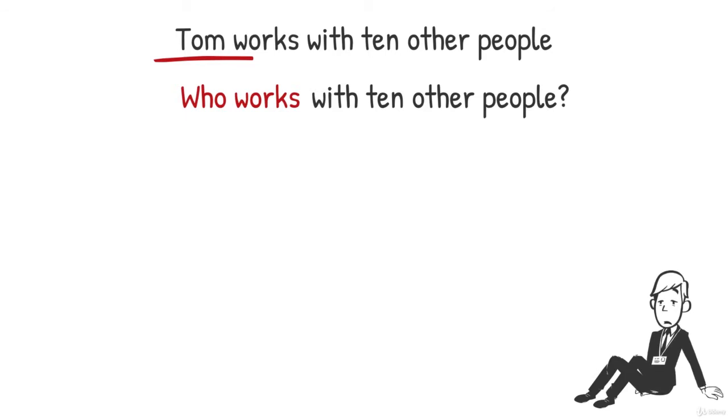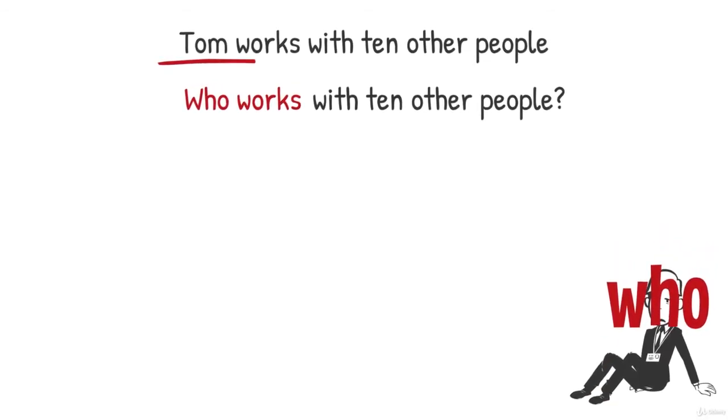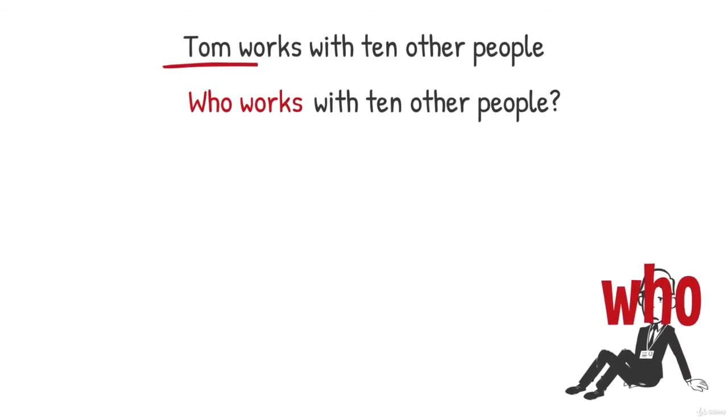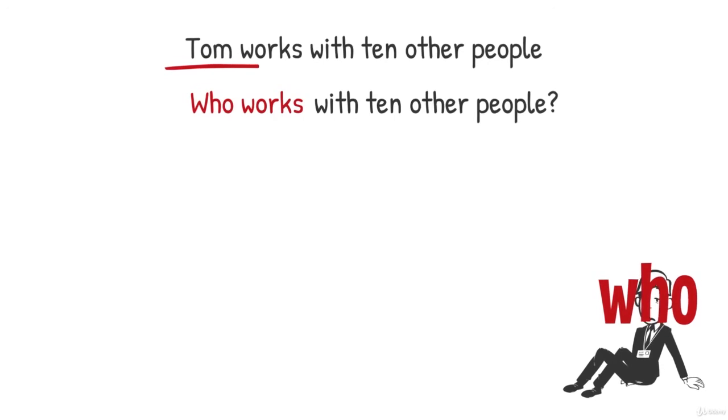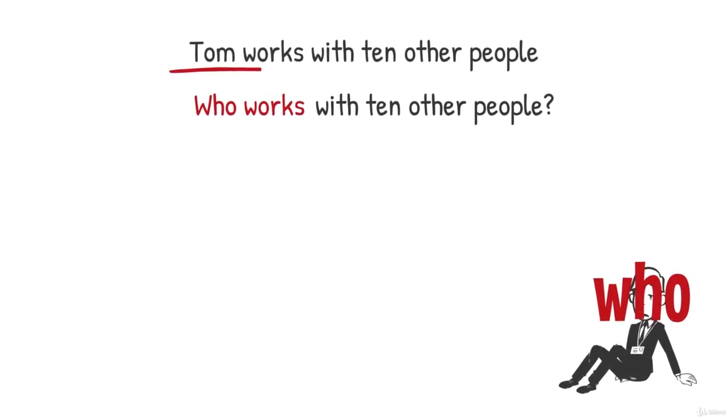In the question, who works with 10 other people, Tom hides behind the question word who. The subject in the question is unknown. That's why we don't have the auxiliary verb do or does.